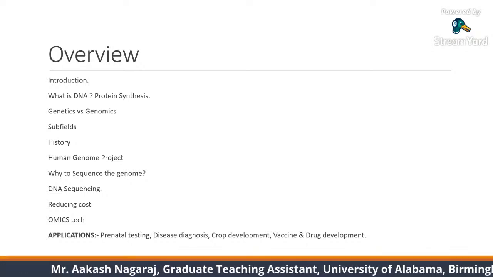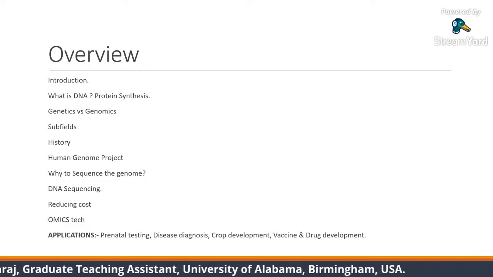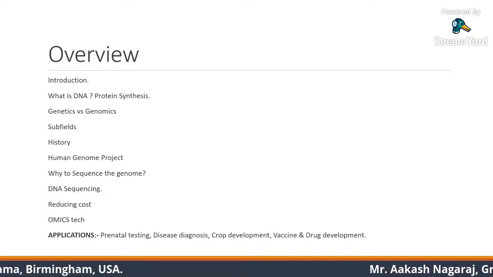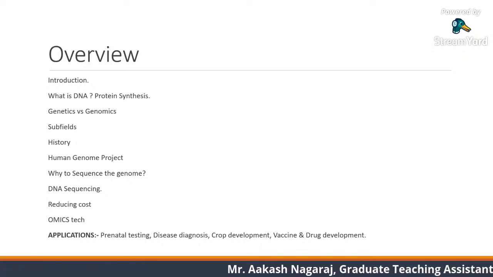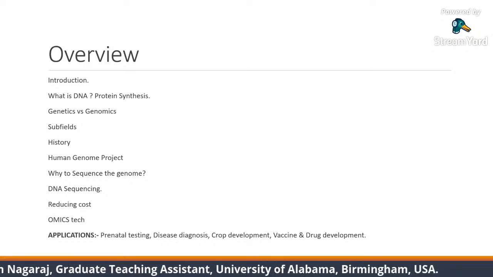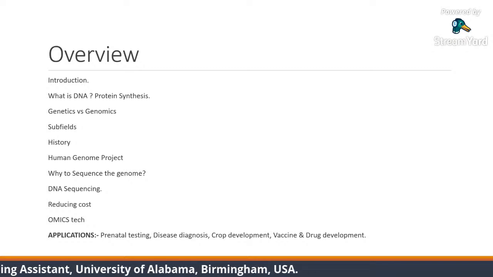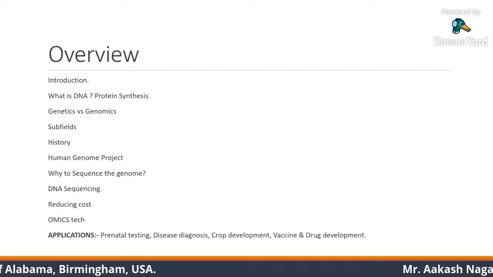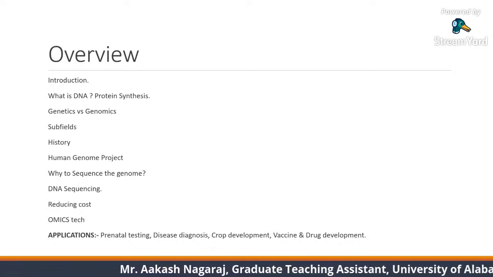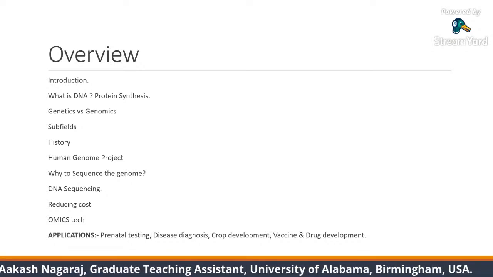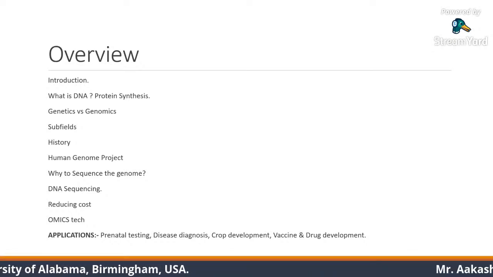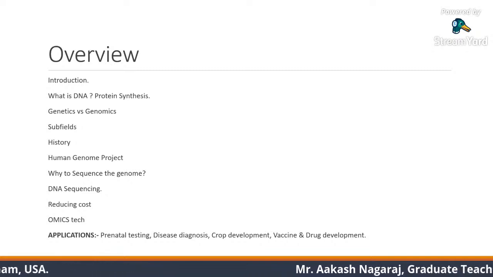Then the subfields of genomics, a little bit of history, and about the Human Genome Project, why to sequence genome, then DNA sequencing and its reducing cost, and then the different omics technologies, and finally all the applications of genomics in different uses. I'll be talking about 4 uses: disease diagnosis, crop development, prenatal testing, and vaccine and drug development.